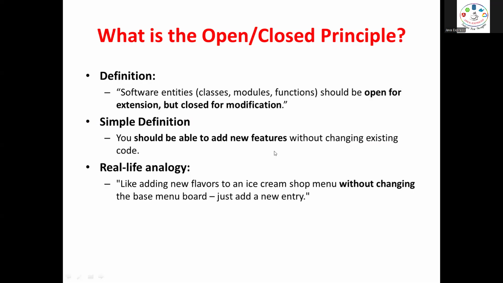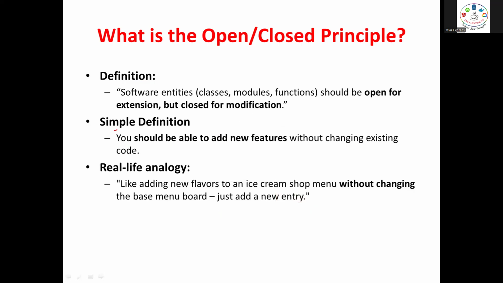In software development, every time we get a new requirement, we should not break the existing code, but we want to add the new requirement. That is closed for existing code but open for new requirements. A simple definition: you should be able to add new features without changing the existing code.